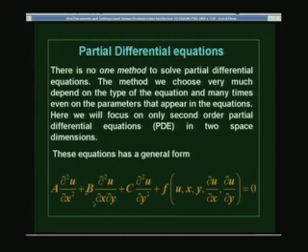Let's write the general partial differential equation in this form, with some constant coefficients a, b and c, and then some function of u, x, y, the derivative of u with respect to x, and the derivative of u with respect to y, etc. Remember that this can be any function of u, x, y and the derivatives.